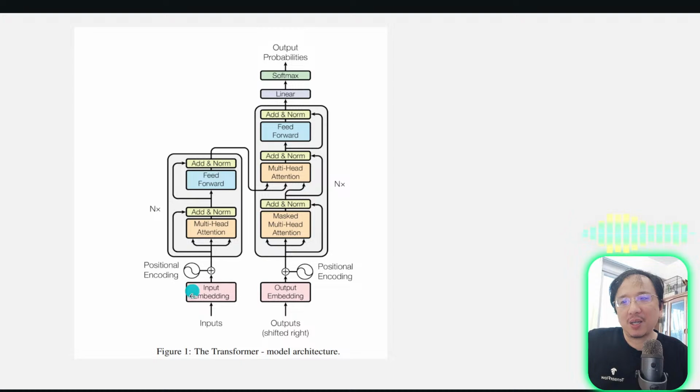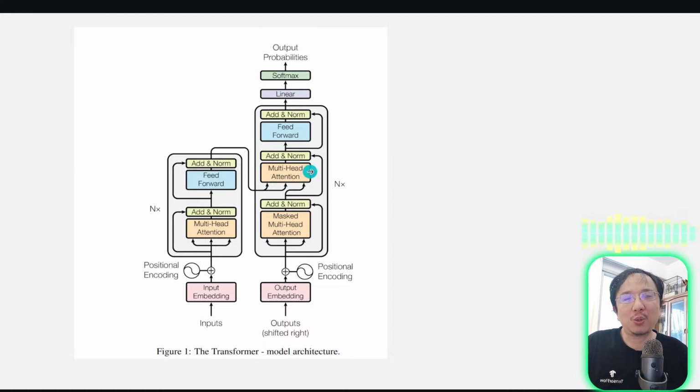They also have the input embedding and output embedding, they are the same. They also have a positional encoding, which is also the same. And the last part is feed forward and add norm, which is the same. This part, if we want to train the decoder alone, like GPT, we have to remove it.